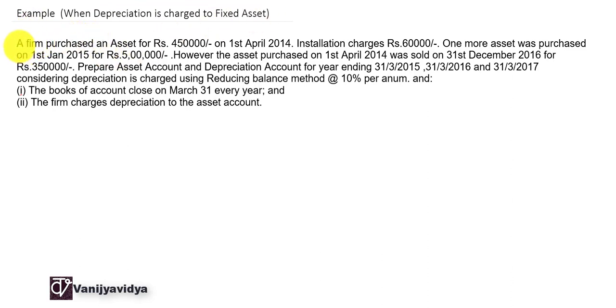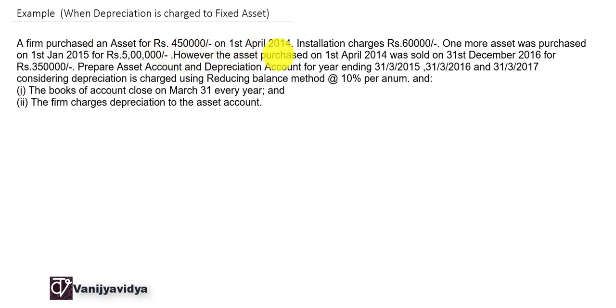Let's read it. A firm purchased an asset for rupees 4,50,000 on 1st April 2014. Installation charges rupees 60,000. One more asset was purchased on 1st Jan 2015 for rupees 5 lakh.